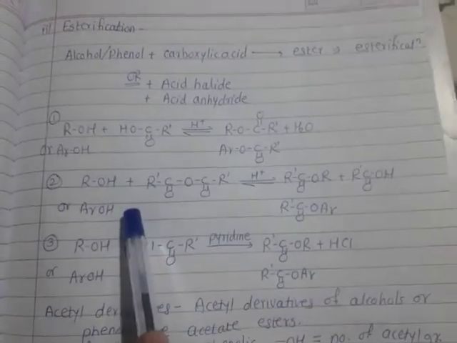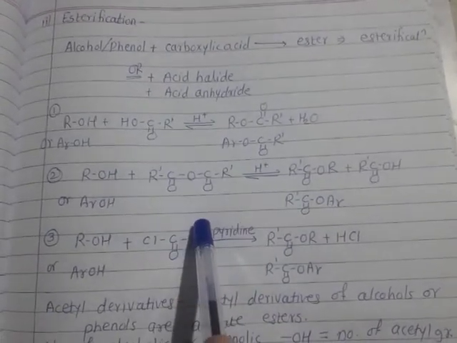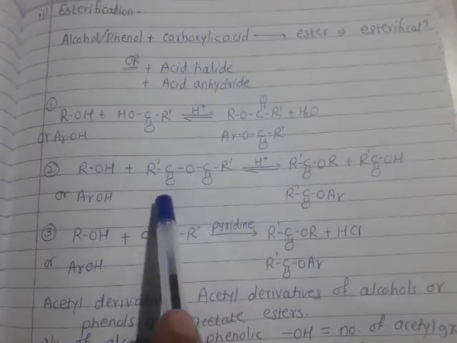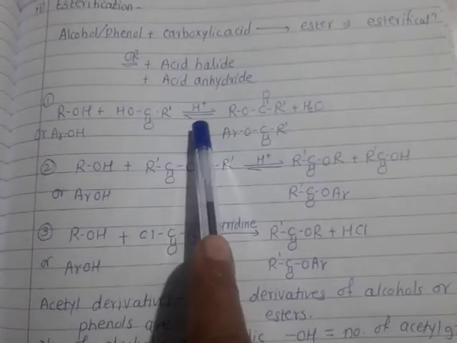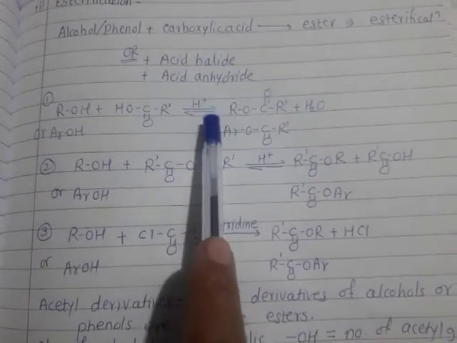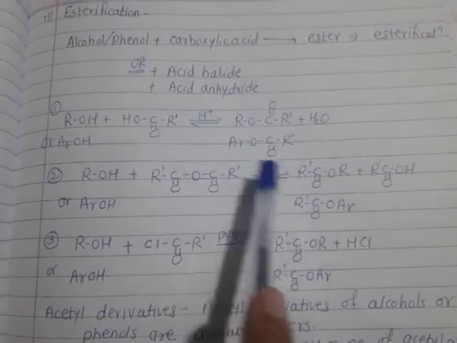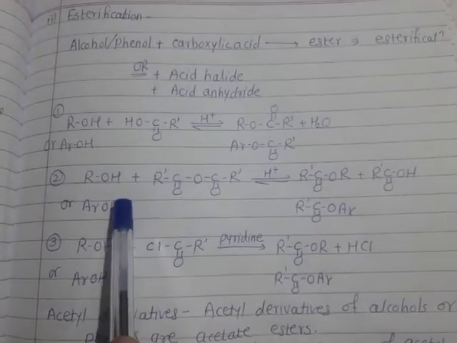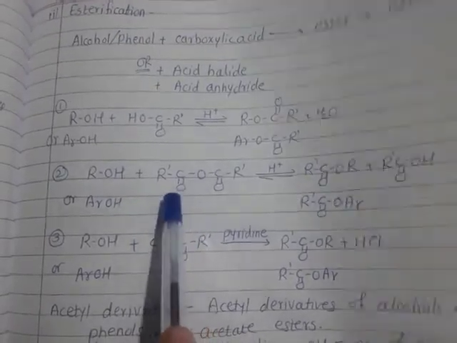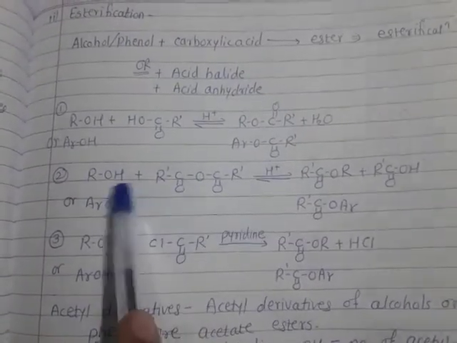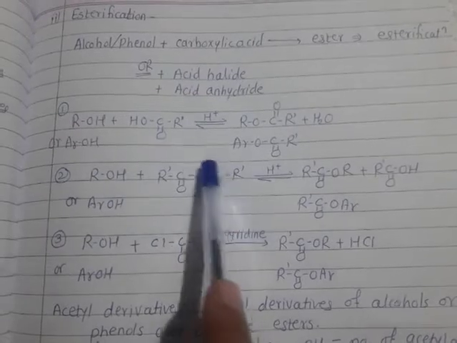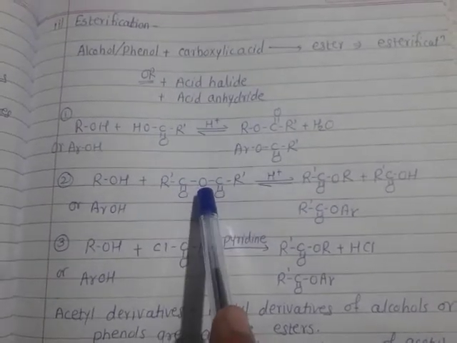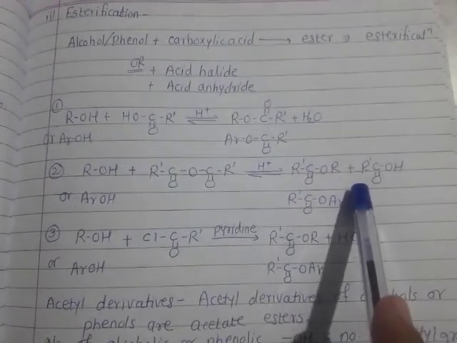Or instead of this carboxylic acid, we can use acid anhydride. This reaction is carried out in acidic medium. It's a reversible reaction. Here also acidic medium, reversible reaction. Here anhydride is taken, R'COOCOR'. H goes to this group R'COO and it is converted to R'COOH.